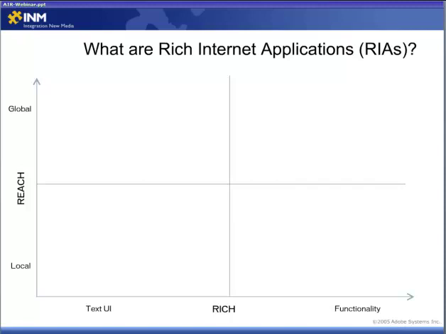So when we look at rich internet applications, we're going to look a little bit at the history of applications. When applications were developed for computers, they were mostly mainframe applications. So they were very text-based interfaces available to a local audience on a mainframe. There wasn't really anything rich about the experience.